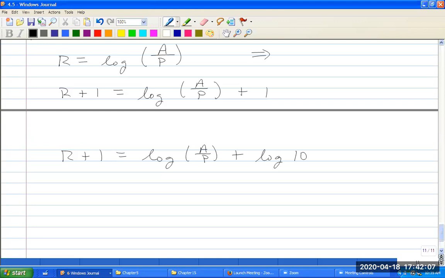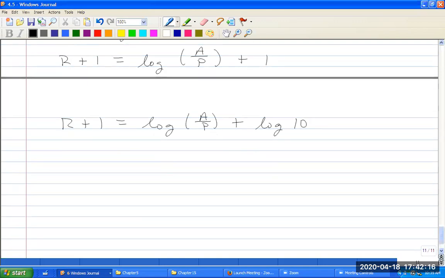Next, recall that if you have 2 logarithms and you're adding them together, that's the same as the log of their product. And so to increase the amount of the earthquake by 1 on the Richter scale, I'm just going to multiply by 10. So this is just 10 A over P.